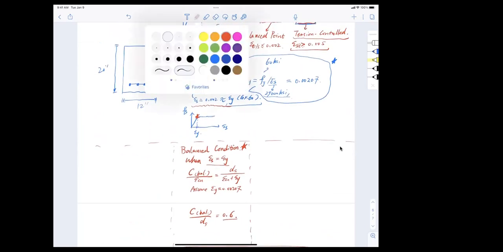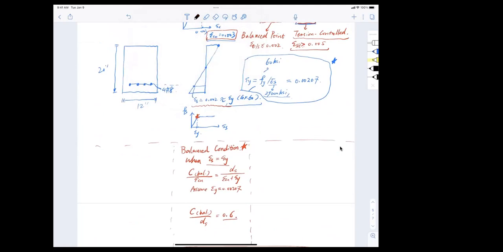So I say, look, what if I use a different color? Maybe let's use black. So what if I rotated more? I rotate a little more, even more, so much that my strain shifted from the yield strain to a new level that is 0.005.